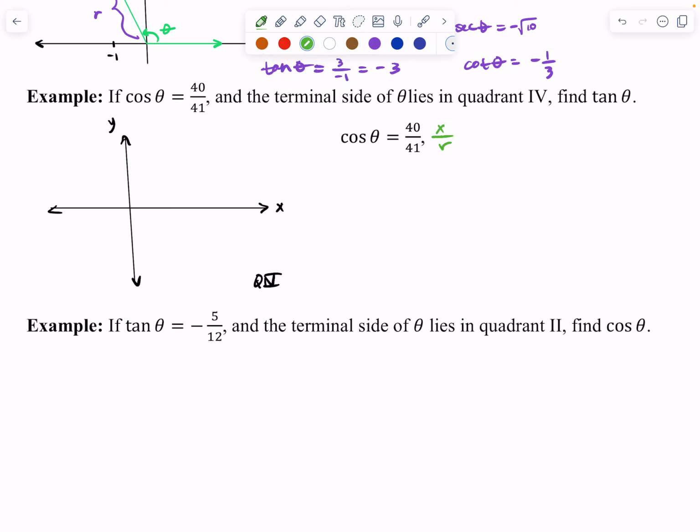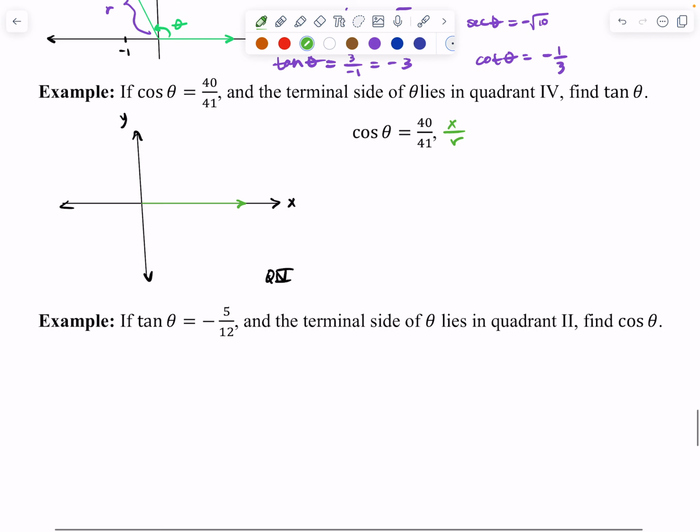So thinking about an angle that starts on the positive x-axis and then rotates in the counterclockwise direction, and then we'll terminate in Q4. I'm just going to draw that.